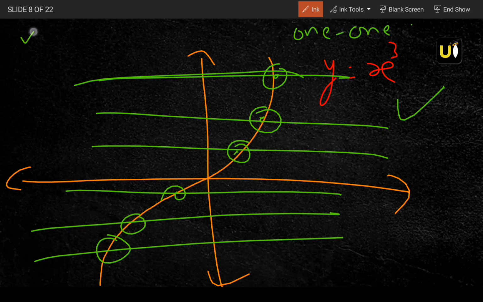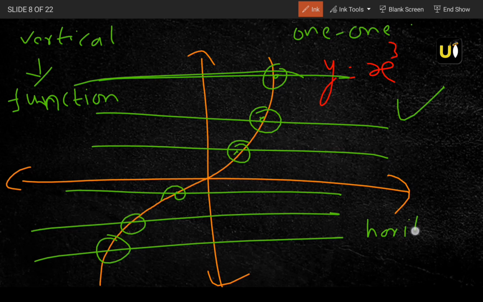Basically, the vertical line test is used to determine whether the graph represents a function or not. But the horizontal line test helps us in determining whether the function is injective or not.